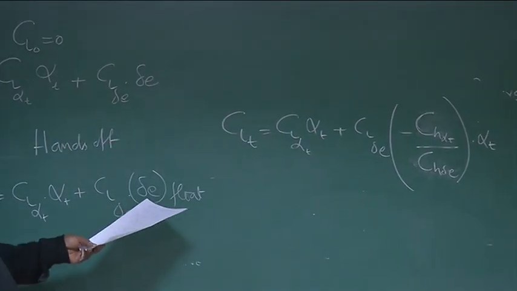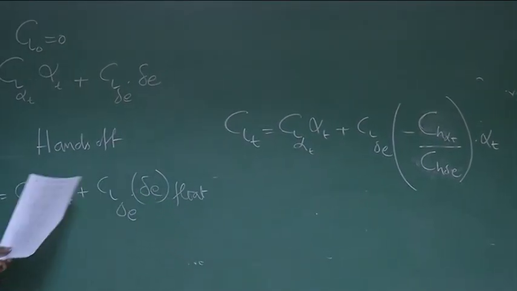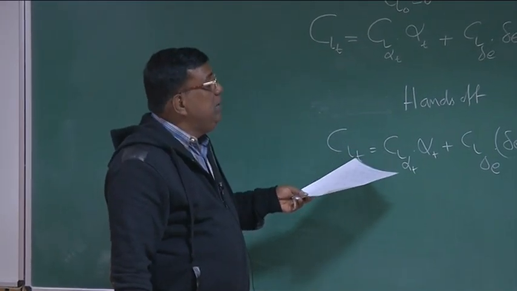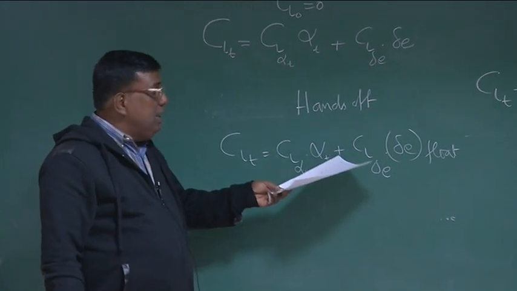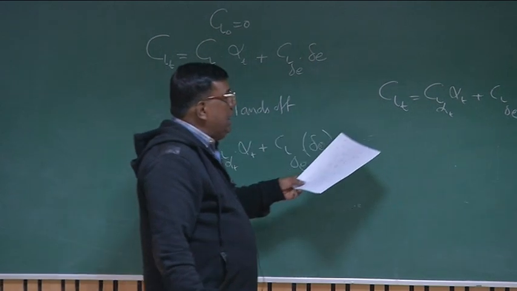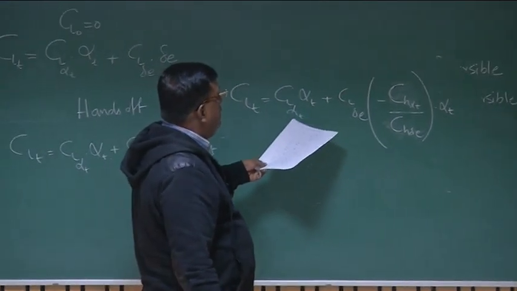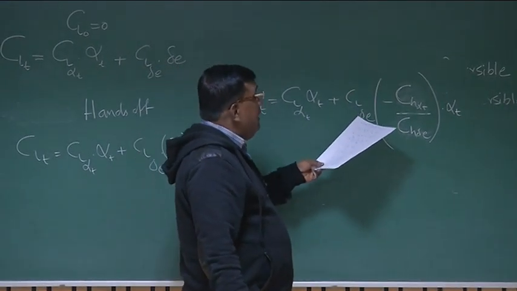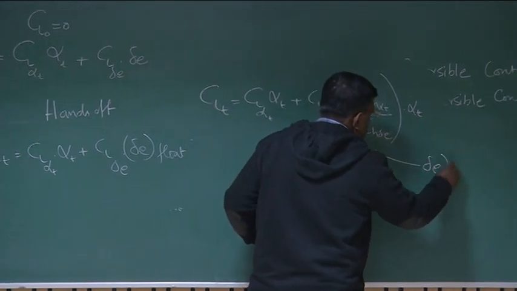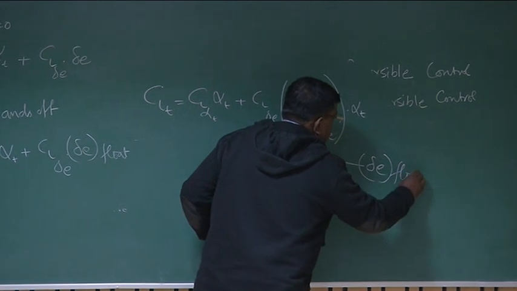At alpha T, delta E also will float. So whatever lift or lift coefficient the tail is seeing will be CL alpha T into alpha T plus CL delta E into delta E float. Okay? And that I am writing here as CLT equal to CL alpha T into alpha T plus CL delta E. Instead of delta E float, we are putting this term expression.